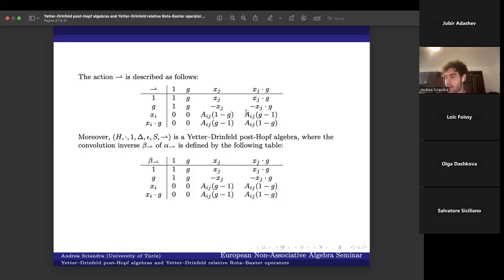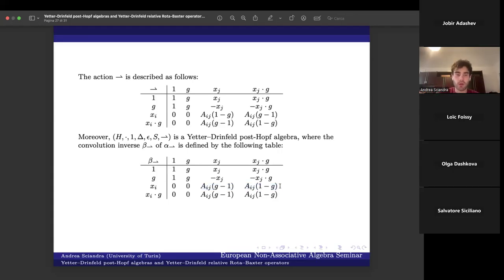So it is the same that we have for Sweedler, but in fact, again, instead of having K here, we have an Aij, which depends on i and j since we have different X. And this forms a Drinfeld post-Hopf algebra where the convolution inverse beta of alpha is given explicitly by this other table, where in fact we just change the sign of this with respect to the previous table.